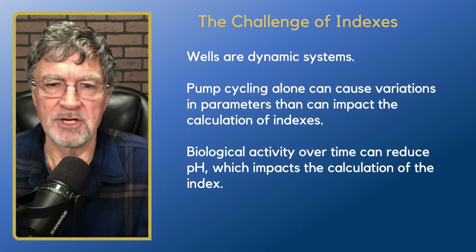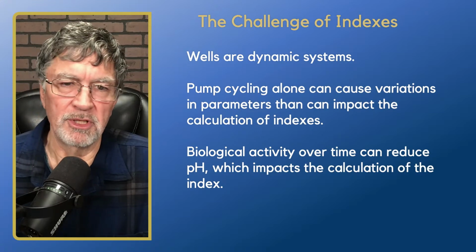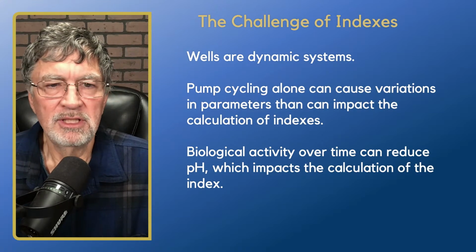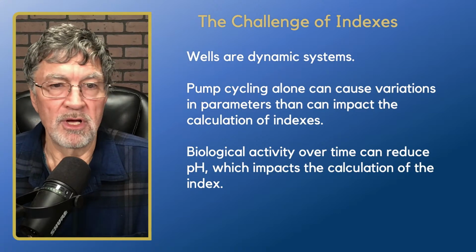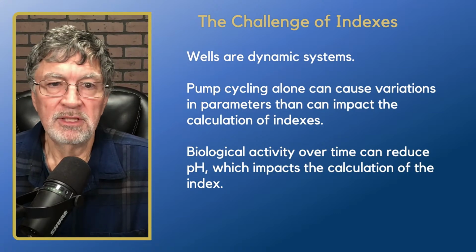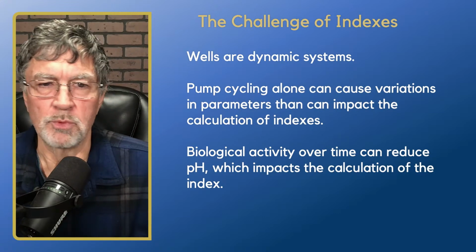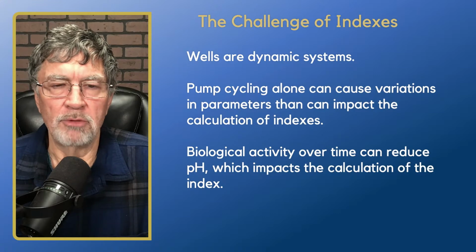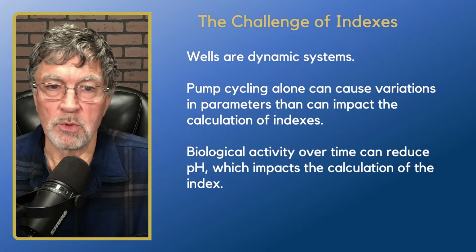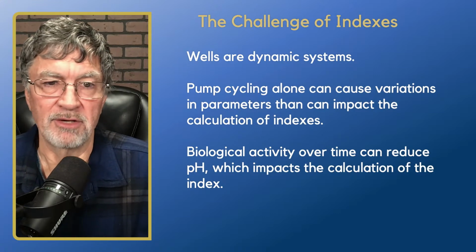As I mentioned, biological activity, biofilm development in the well, bacteria, especially sulfate-reducing bacteria, or SRBs, will produce hydrogen sulfide gas, which will acidify the well, and that'll push your pH down as well and change your LSI calculation.